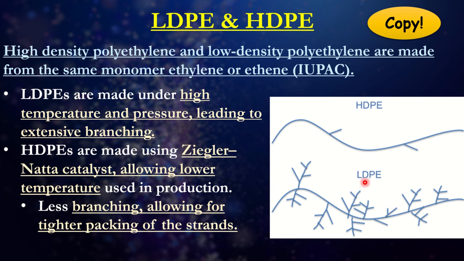Whereas with the low density one, we have a lot more branch stacking along the main chain. Now the reason why there is a structural difference, so it's made out of the same monomer. It's still made out of ethene. That's the monomer. But it's the conditions under which these two are formed that separates their structure.